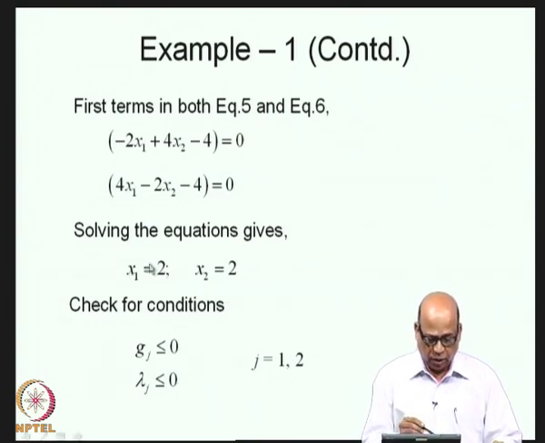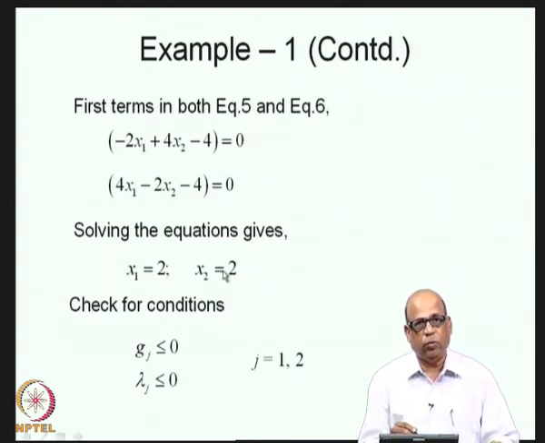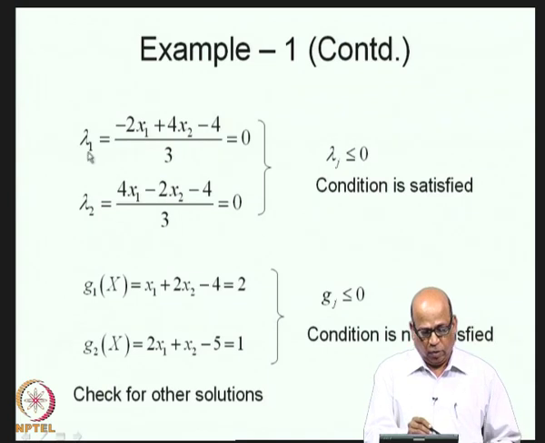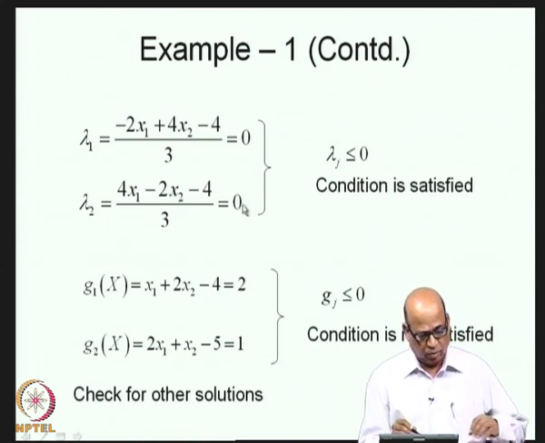So, we substitute x 1 is equal to 2 and x 2 is equal to 2, which is one of the 4 solutions that we need to obtain. For this solution, we examine the conditions g j less than or equal to 0 and lambda j less than or equal to 0. So, you put for lambda 1, you have the expression minus 2 x 1 plus 4 x 2 minus 4 divided by 3, and this turns out to be 0, and lambda 2 is equal to 4 x 1 minus 2 x 2 minus 4 divided by 3, this turns out to be 0.